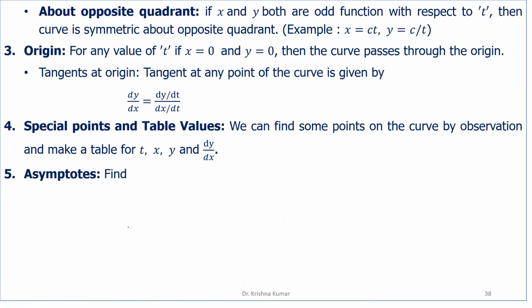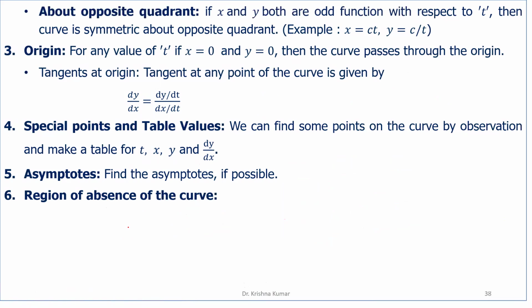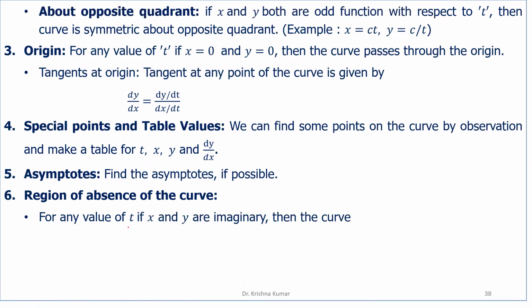The next point is asymptotes. We will also try to find the asymptotes if possible. Otherwise, most of the time there are no asymptotes in a parametric curve. And the last point is the region of absence of the curve. For any value of t, if x and y are imaginary, then the curve will not exist in that region.